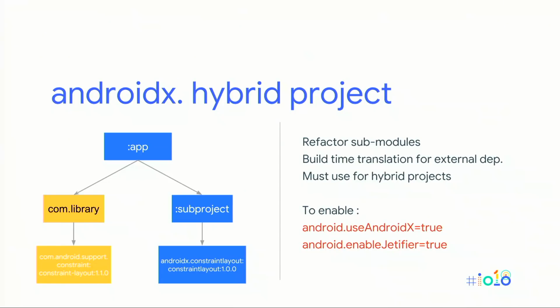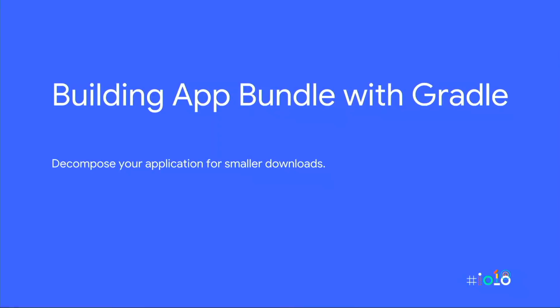So we're going to provide a build time translation facility that will basically change automatically the dependency from the old com.android.support to the new one, and will change the library itself by changing all the import statements to the new ones. So this is done locally. It's not like we're going to republish this library, but locally you will be able to have an illusion of a pure world where everybody is depending on the new AndroidX library. Again, there is a flag, enableJetifier.